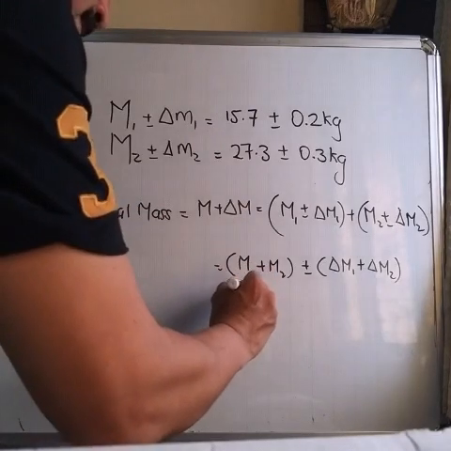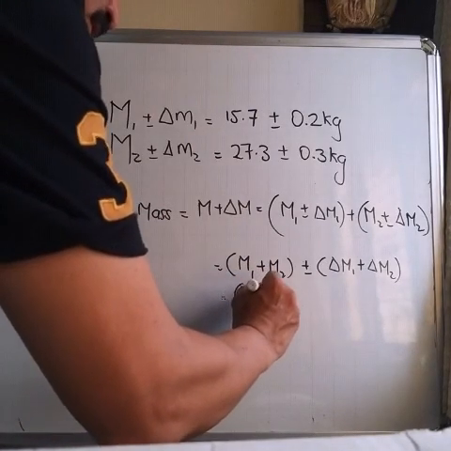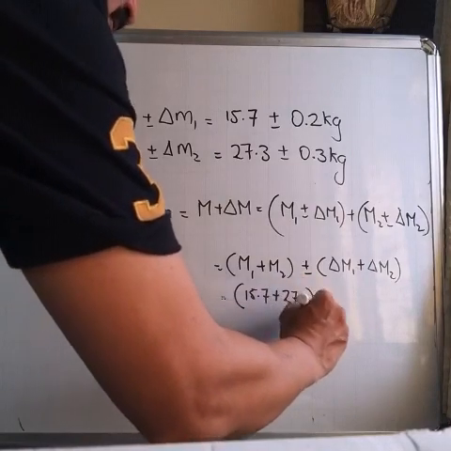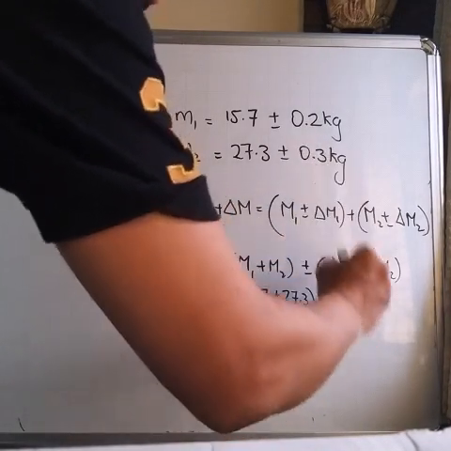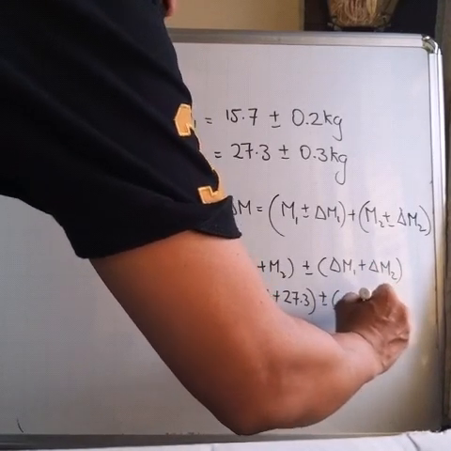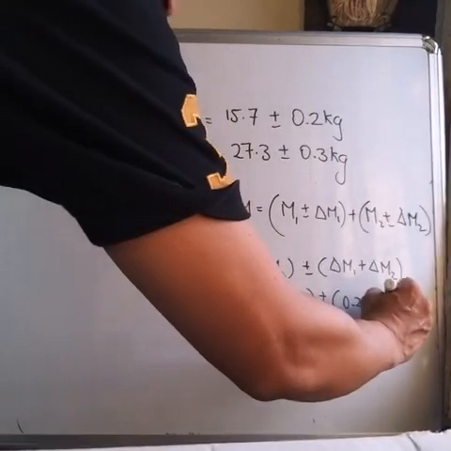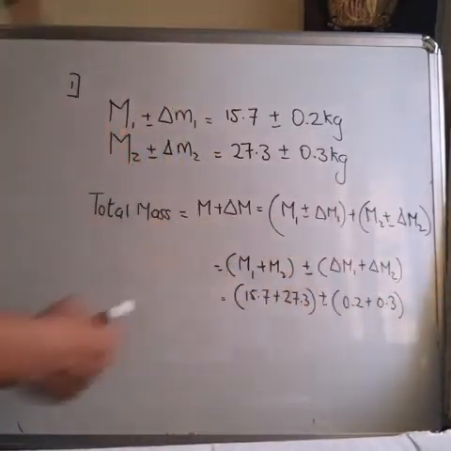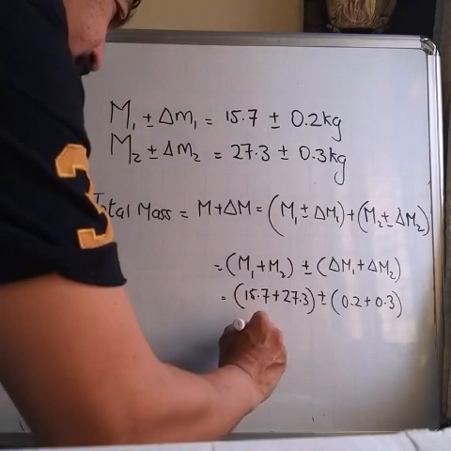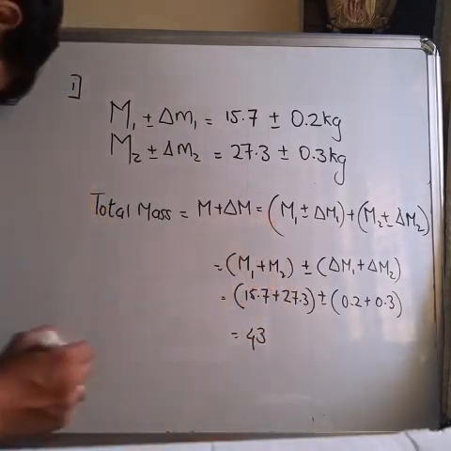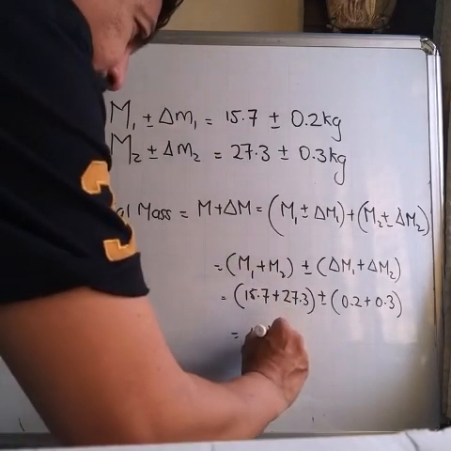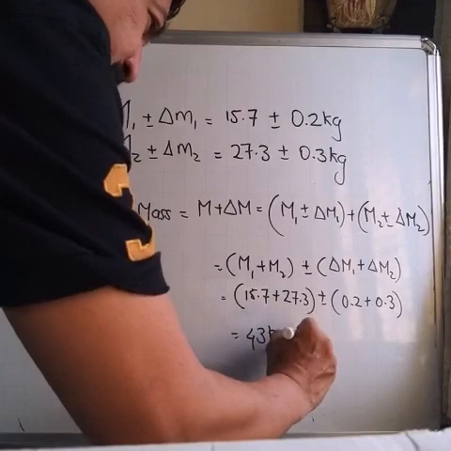Now simply put the values of M1, M2, delta M1, delta M2. What do you get? 15.7 plus 27.3 plus minus 0.2 plus 0.3. We add: 15.7 plus 27.3 is 43.0 kg, plus minus, how much is the error?